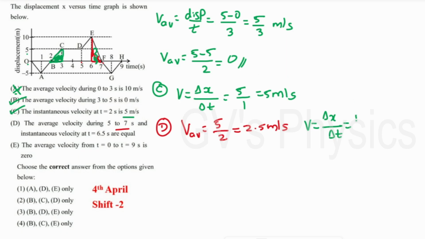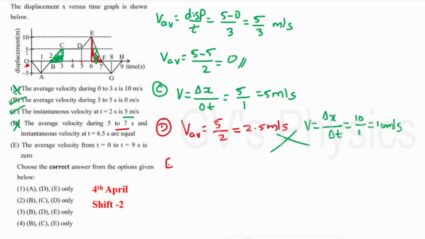So y-axis is 10, and for time 6 to 7, that is 1 second. So here it is 10 meter per second. So you can check here, average velocity is 2.5 for 5 to 7 second and instantaneous velocity is 10 meter per second, which is not equal. So D statement is invalid, that is wrong.